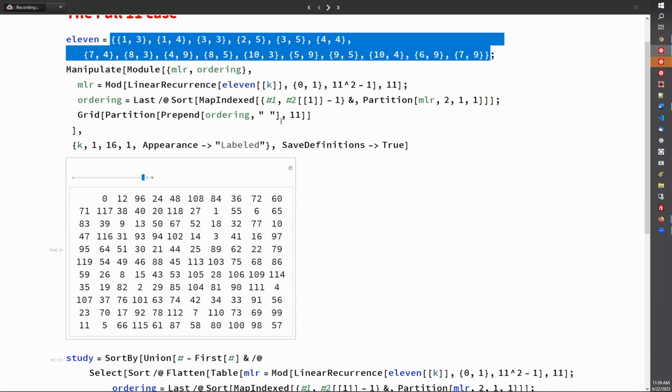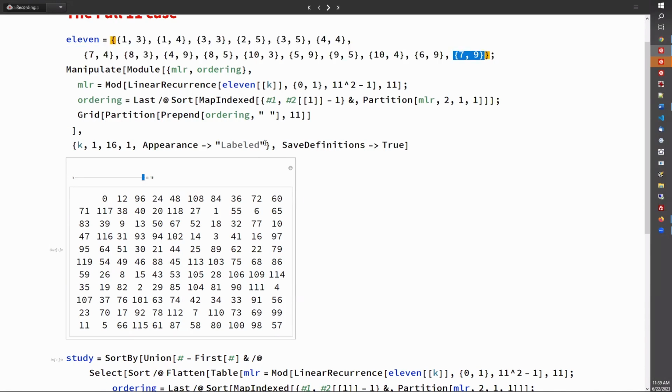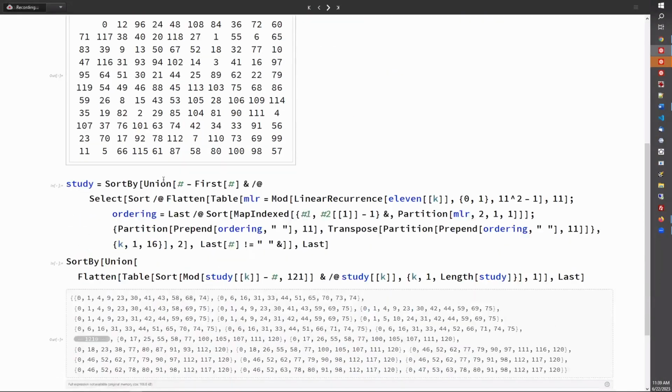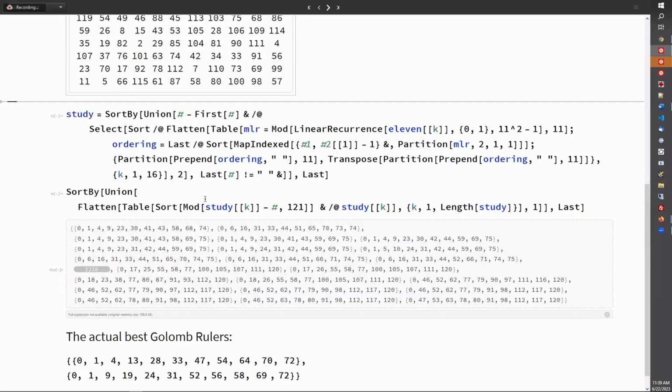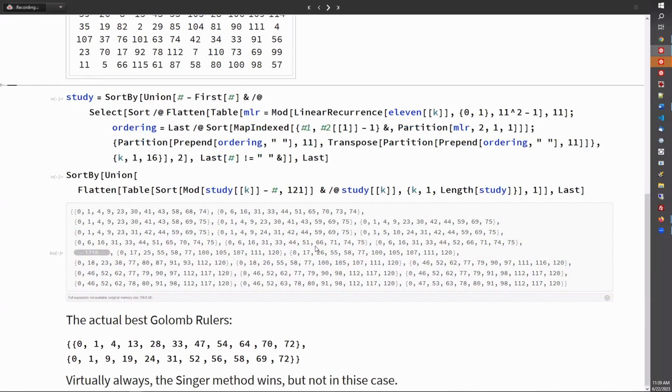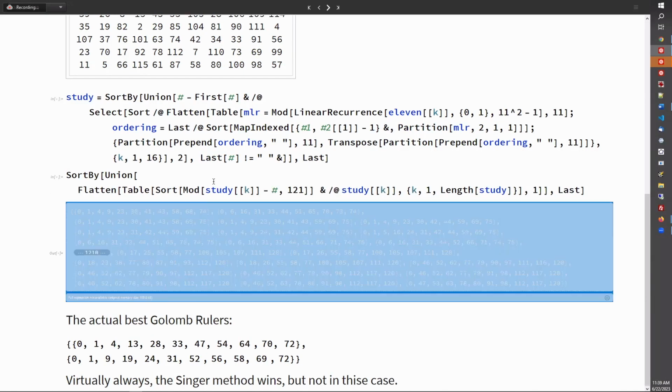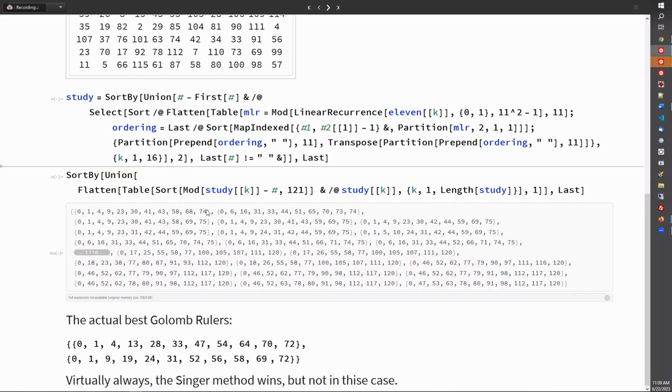And the last one, this is what 7-9 generates. Each one of these generates a whole bunch of rows and columns, and we can look at all the rows and columns generated for each one, and also, since they're modular, do all the various rotations. And it turns out if you look at all those, the shortest Golomb ruler that comes out of that is this one here.